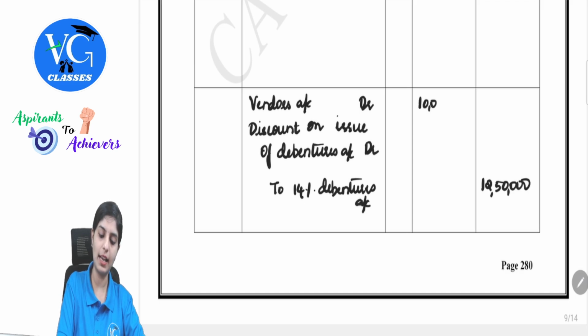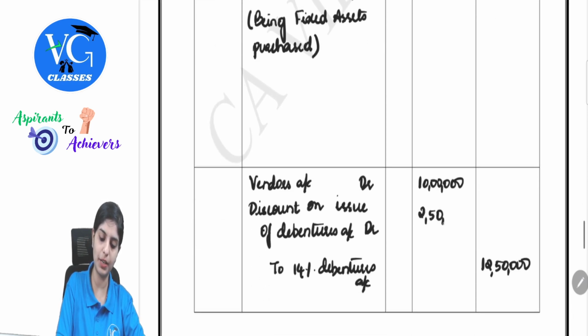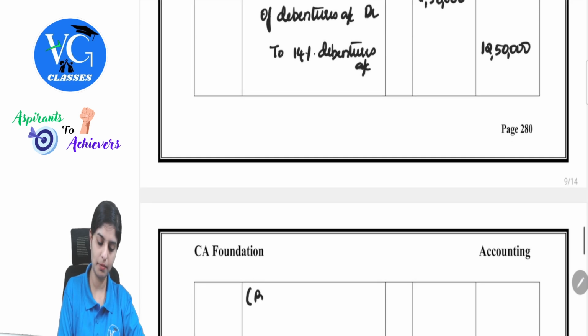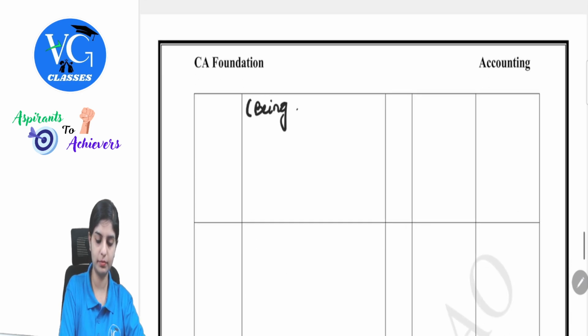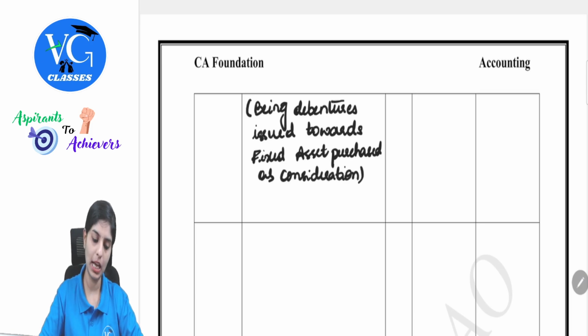The asset was worth 10 lakh, which you had credited to vendors in the previous transaction, and discount will be 2 lakh 50. Being debentures issued towards fixed assets purchased as consideration. Clear? Next.